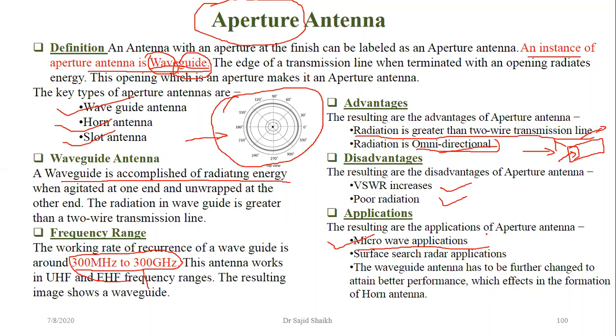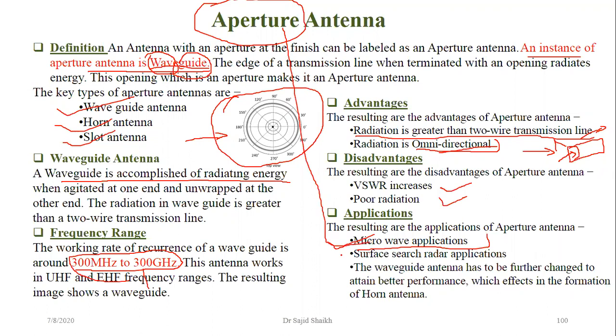When we see the syllabus of our subject, the first two units are related to antennas, and the remaining four units are related to microwaves. So in microwave techniques, which type of antennas are used? You have to remember that aperture antennas are used in microwave applications.